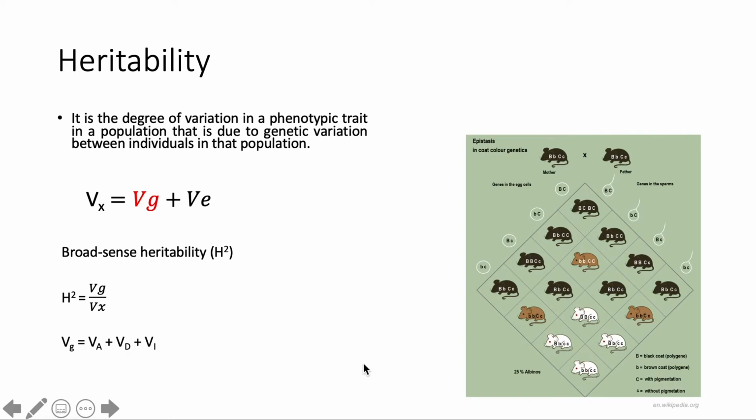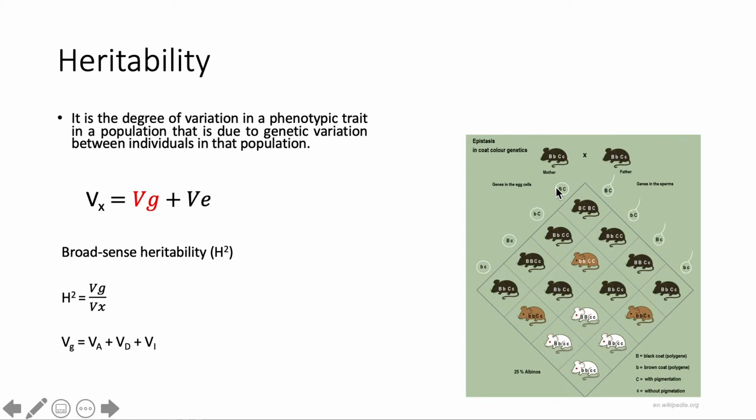And then we have epistasis, which is basically the interaction between genes. An easy example to show you that is in mice. There are two genes, each one with two alleles, and as you can see here, the combination of those genes produces three different colors in mice.